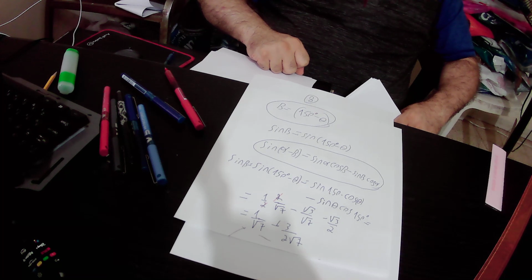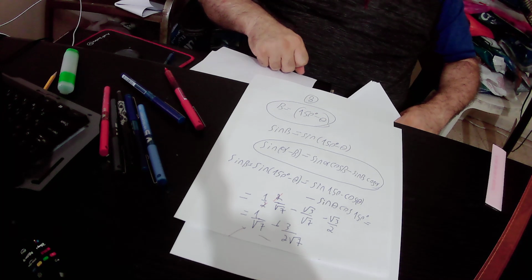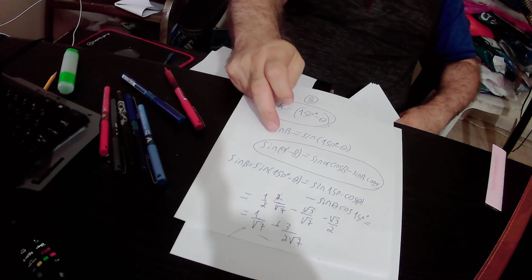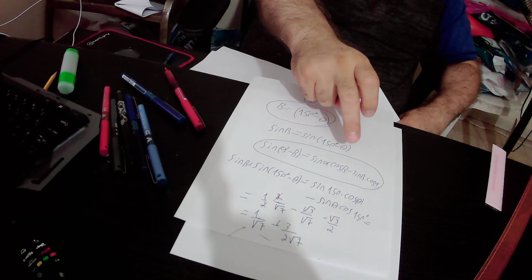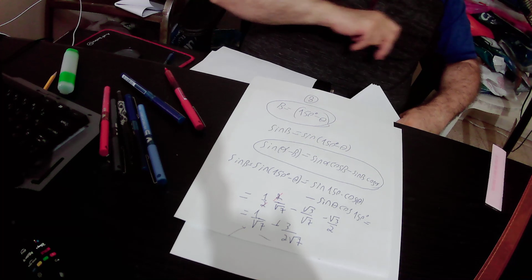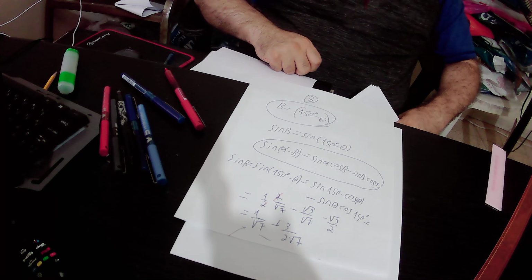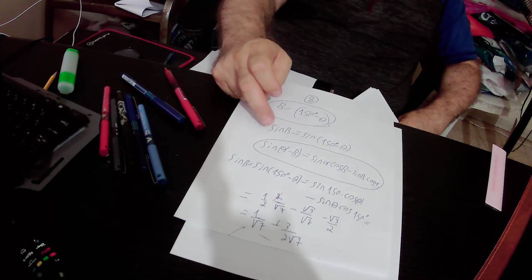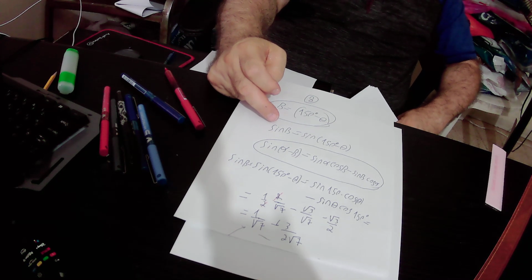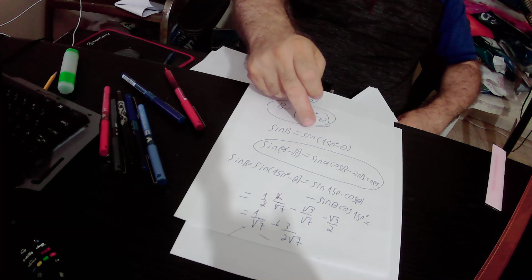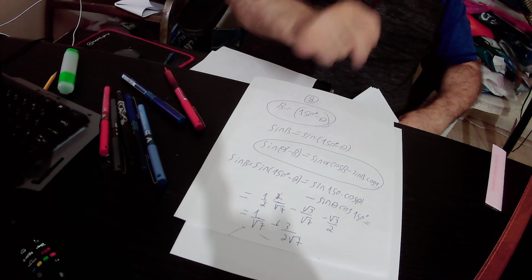Okay? And we have the trigonometric identity that states that sine of alpha minus beta equals sine alpha cosine beta minus sine beta cosine alpha. So we can implement this identity in order to calculate the value of sine beta, which equals sine of 150 degrees minus theta.